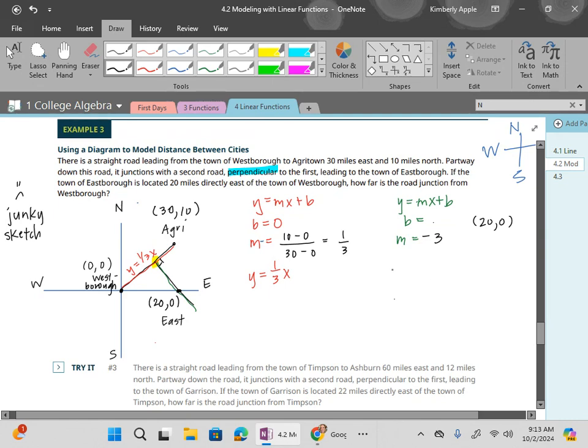And so here I'll have 0 equals -3 times 20 plus b, and I can solve for the intercept. This will be 0 equals -60 plus b. So the intercept for this one is 60. So this function is going to be y equals -3x plus 60.